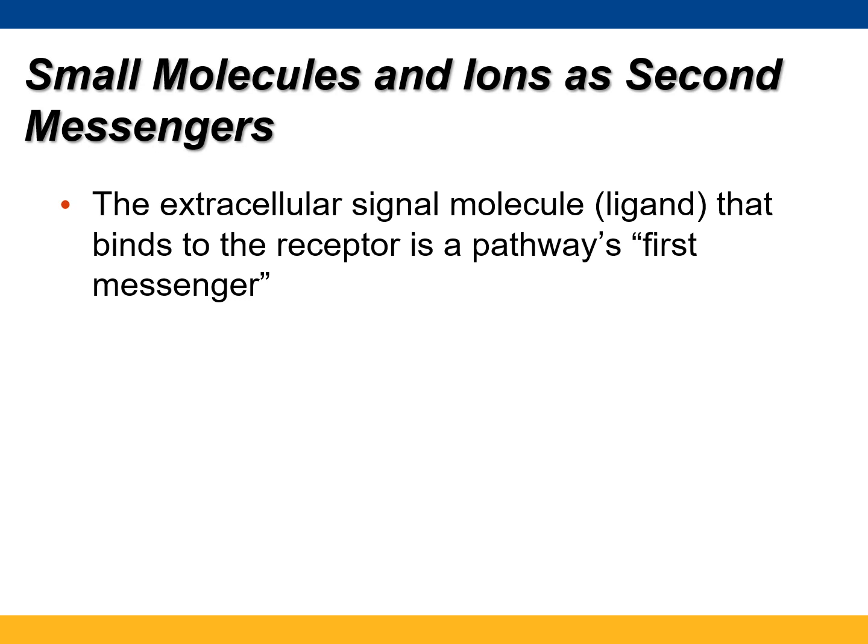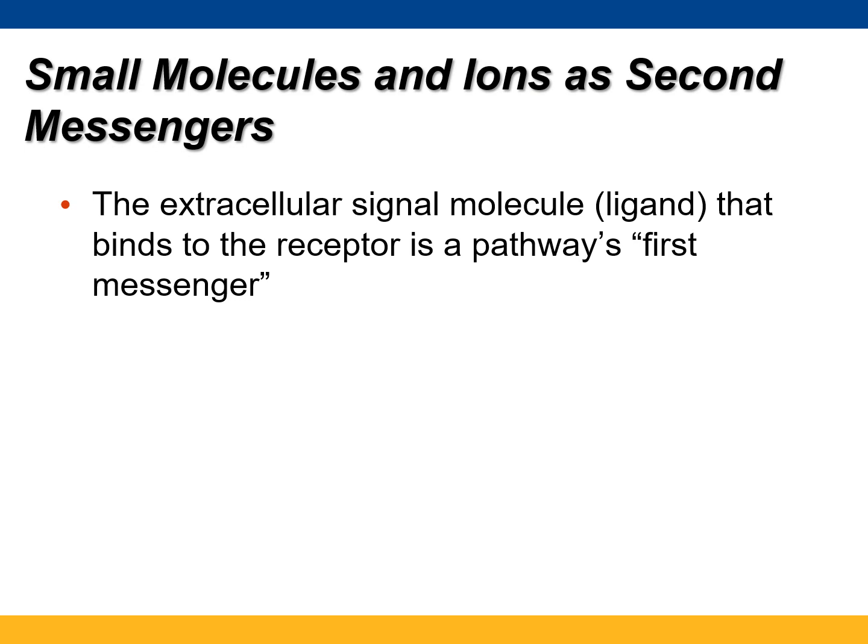Another common transductional mechanism in cells are known as second messengers. Now, I could say phosphorylated proteins in the previous mechanism are second messengers. That's true. More often, we use the phrase second messengers for small molecules that are created by receptor enzymes, and ions.